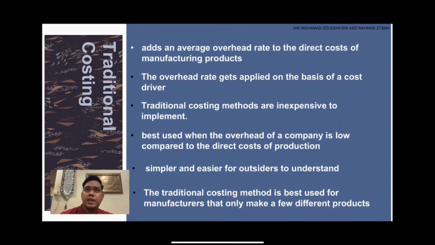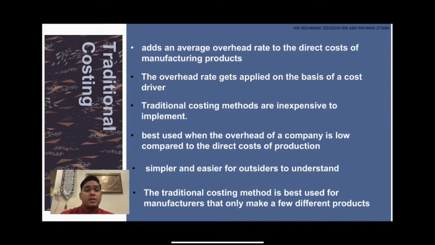Traditional costing methods are inexpensive to implement. Companies usually use traditional costing for external reports because it is simpler and easier for outsiders to understand.